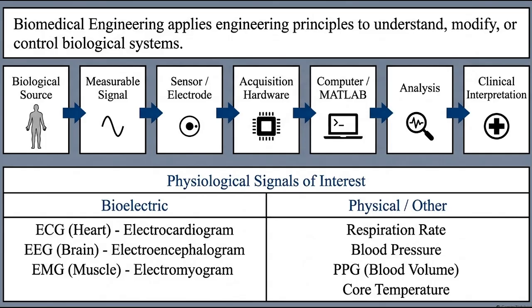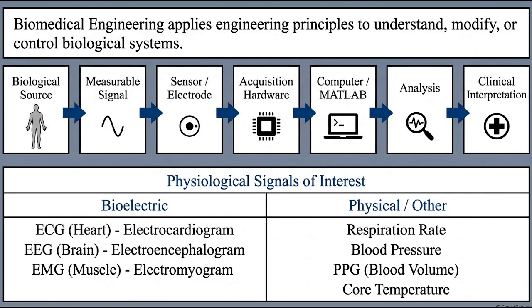First of all, whenever we talk about biomedical engineering, we have a very important word called signal. In biomedical signal processing, we deal with different biological signals, and the signals can come from different sources, for example humans, animals, etc. The first primary source of a signal is a biological source.